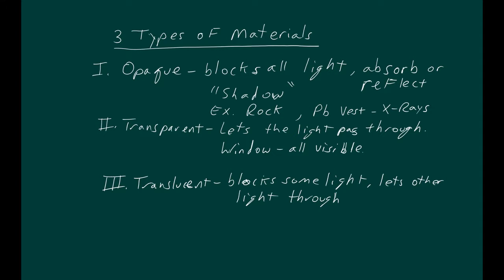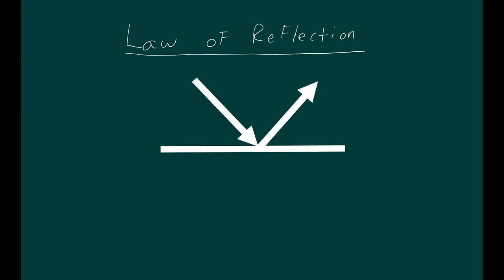So next we're going to talk about reflection and the law of reflection. For our opaque objects, we can have the law of reflection take place. And that is, please understand I tried to draw this to make it look even.